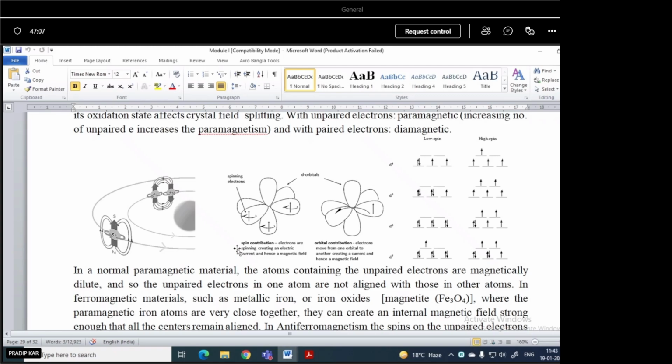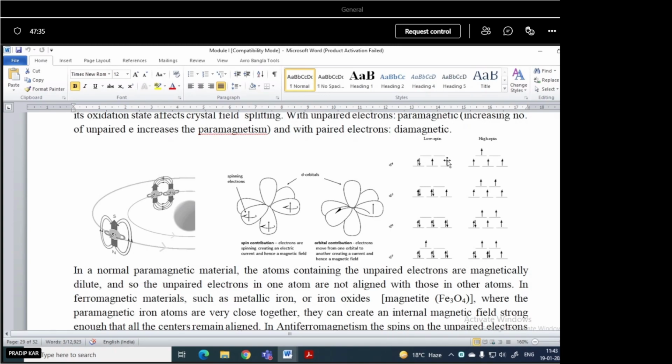So what did you explain after this? You are asking about this one. This is d4, means 4 electrons are present in the d orbital of the metal ion, and it may form a low spin or high spin complex.